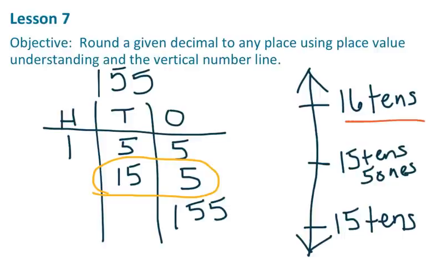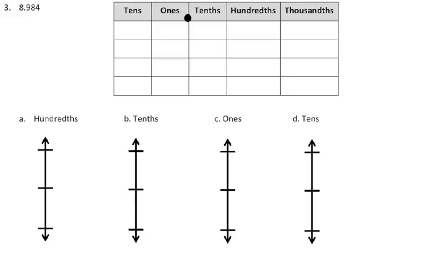Okay. So the homework problem we have is right here. It is number 3 in the homework. And they are given the number 8 and 984 thousandths. And in the directions it says round to the given place value and label the number lines to show your work. So I'm going to actually do 2 different things with this number.